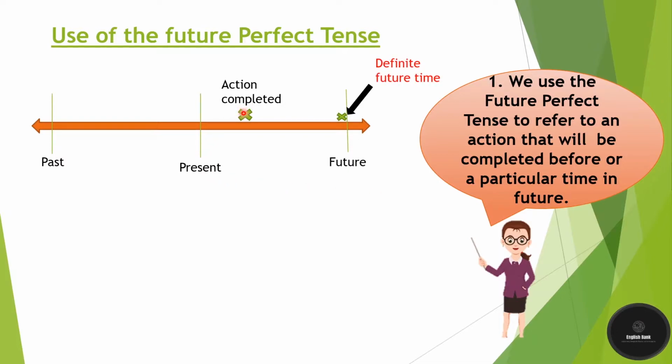This is past, present and future. Here is the completed action and here is the definite future time. So it's clear that the action will be finished between present and some point of time in the future.